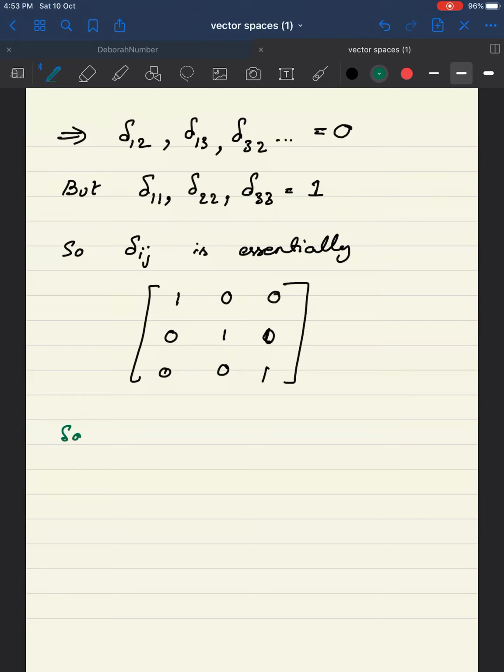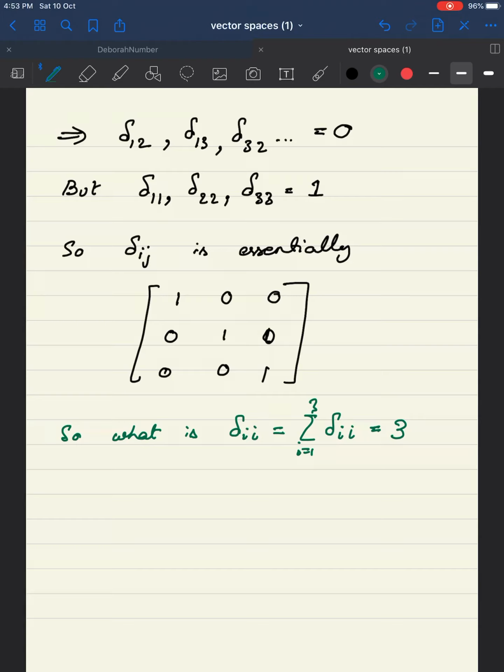So let's say, what is delta_ii? Now we know it's the sum over 1 to 3 of delta_ii, right, and it will be a simple scalar value of 3.